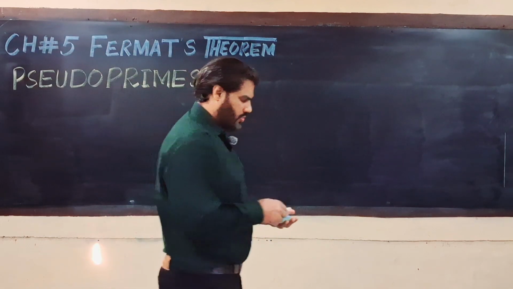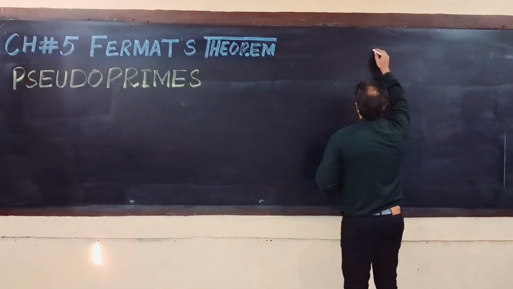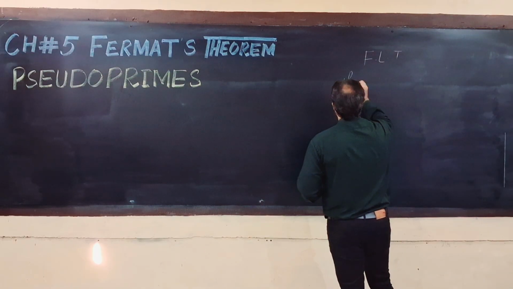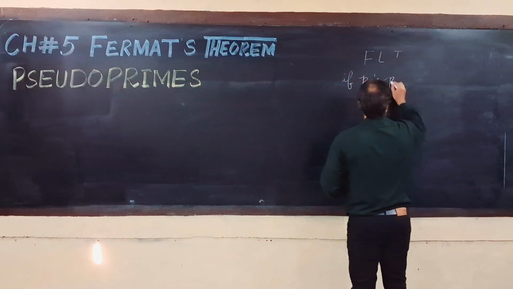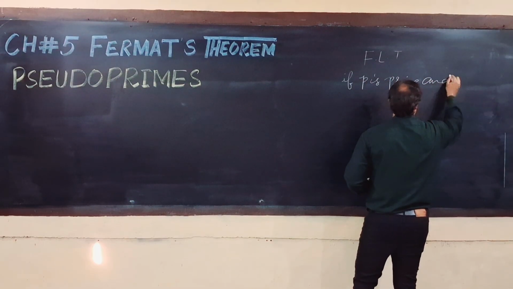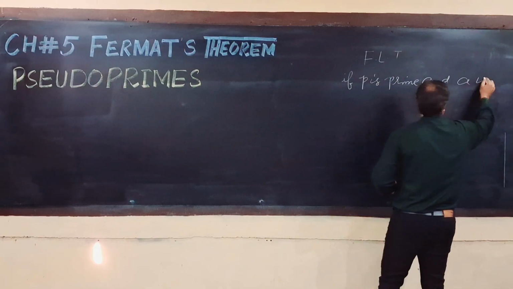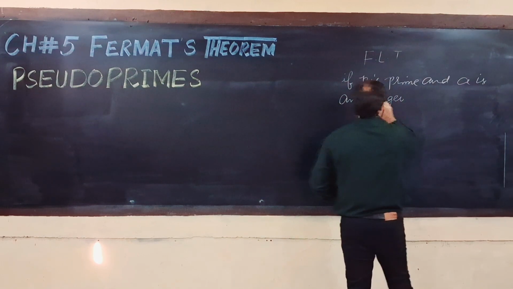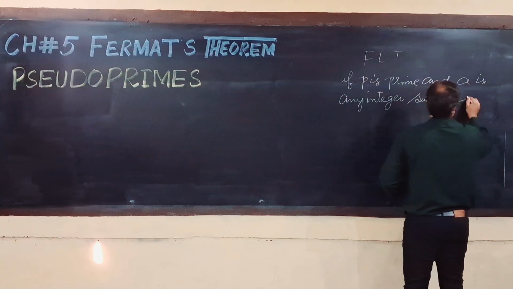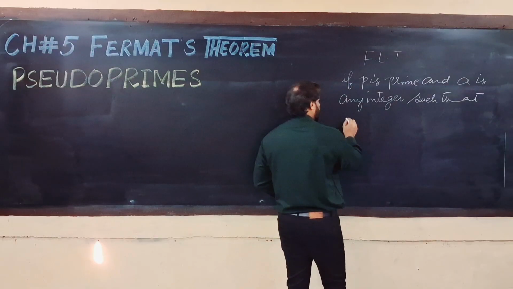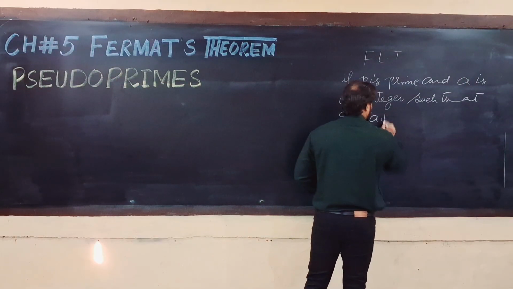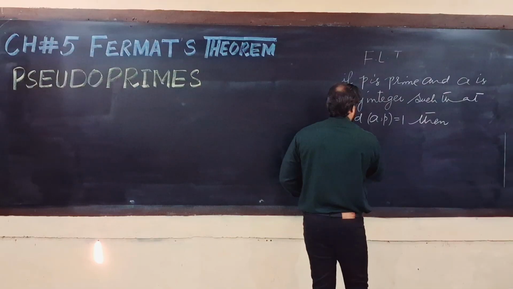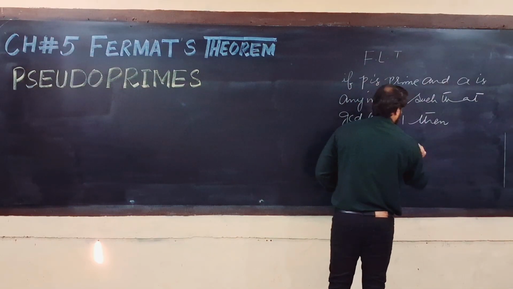How can we define Fermat's theorem? The statement of Fermat's theorem, or simply the Fermat Little theorem, says that if p is prime and a is an integer such that a and p are co-prime, meaning their GCD is 1, then a raised to power p minus 1 is always congruent to 1 modulo p.